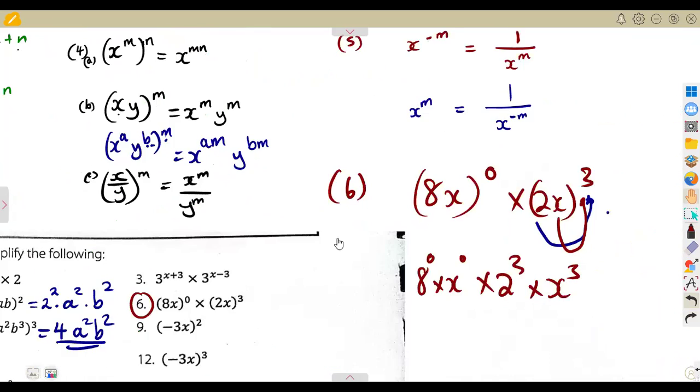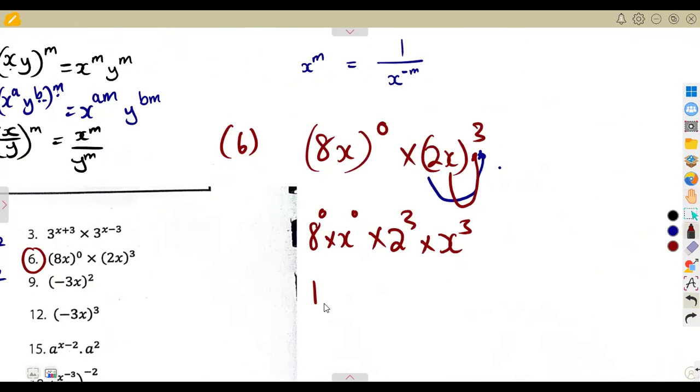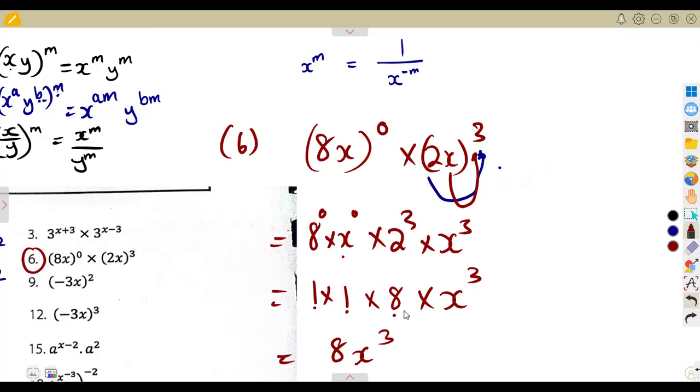So that means 8 to the exponent of a 0, that's a 1, times x to the exponent of a 0, which is a 1, times 2 to the exponent of 3, like that one you can simplify on your calculator. That's going to be an 8 times x to the exponent of 3. So this whole part was going to give us 8x to the exponent of 3. Multiply 1 times 8, which is 8.